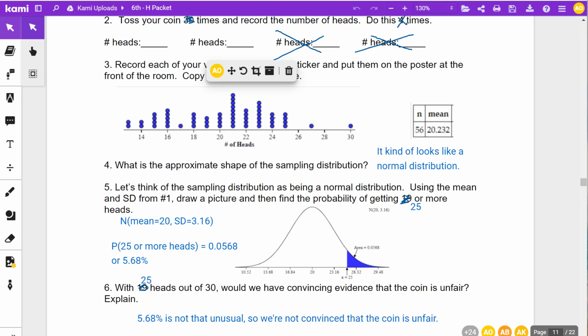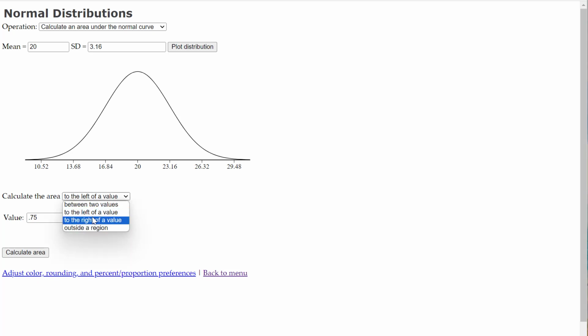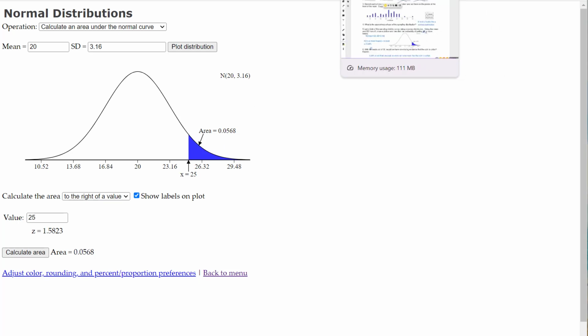So I go to normal, 20 and 3.16, plot the distribution. And then I say 25 or more heads, to the right of the value 25. And you can see the probability, 0.0568.